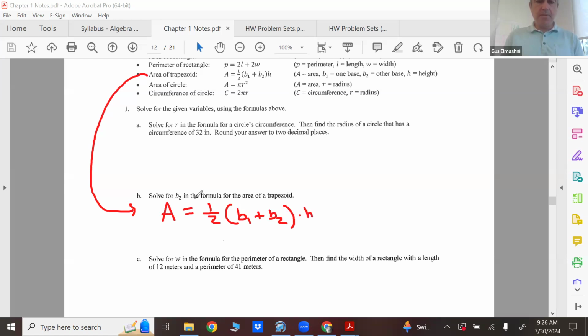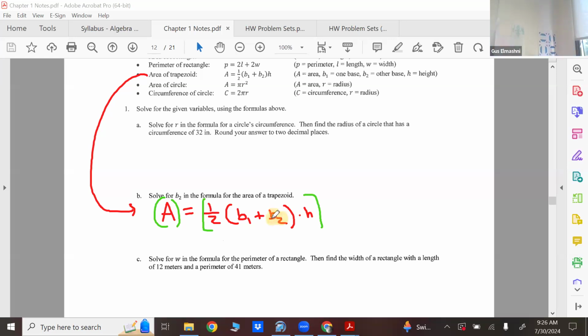What do you think I should multiply both sides by first? Because your goal is to get, let me highlight it. And this might be very obvious what to do, but I'm just going to take my time because I don't want to rush this.